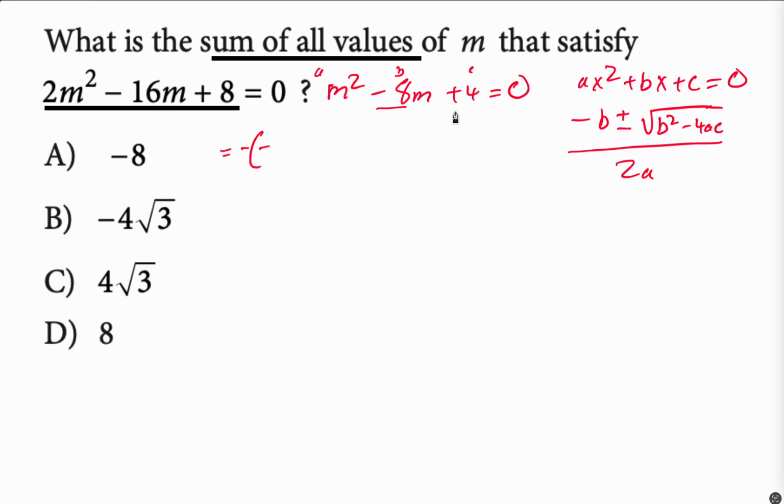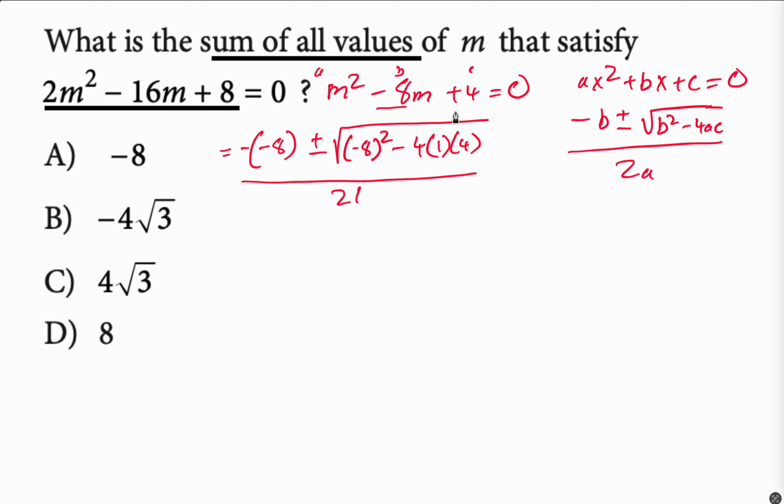So we have negative negative 8 plus or minus the square root of b squared, our b is negative 8, negative 8 squared, minus 4 times a, which is 1, times c, which is positive 4. The whole thing over 2a, so a is 1, just 2 times 1. This is how we laid out the quadratic formula.